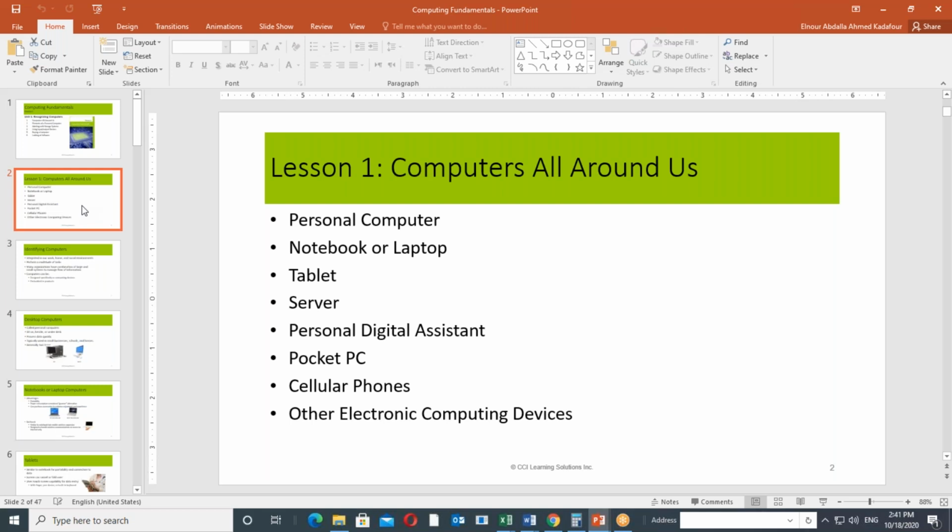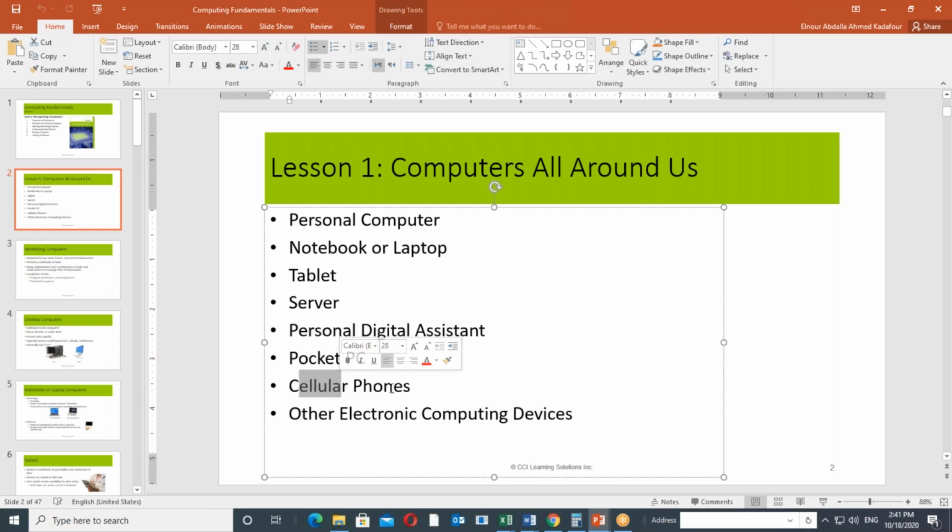Cellular phone, simply mobiles, cellular phones, and other than that we call them electronic computing devices. Electronic computing devices, there are many types under this category of electronic computing devices, till we get inside this point.